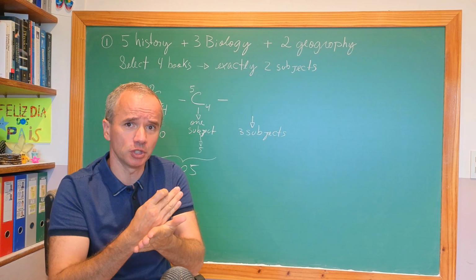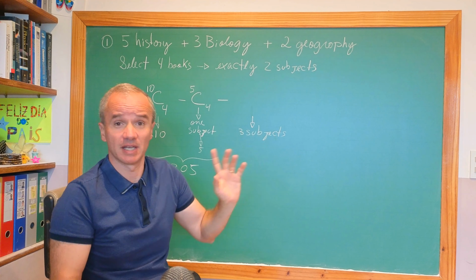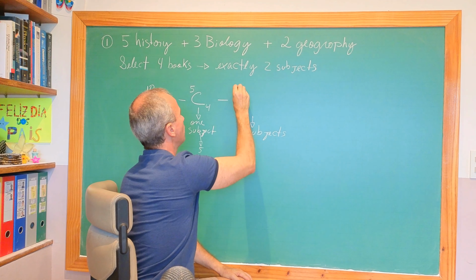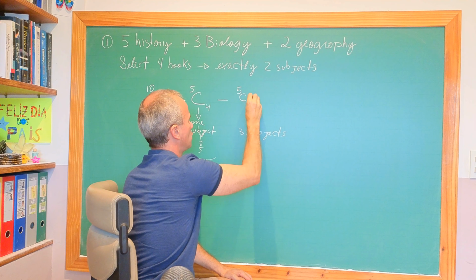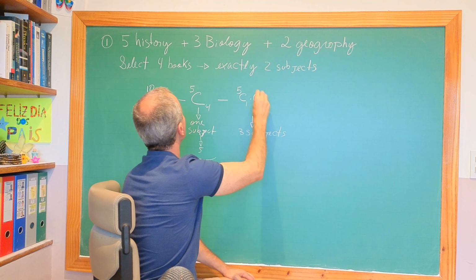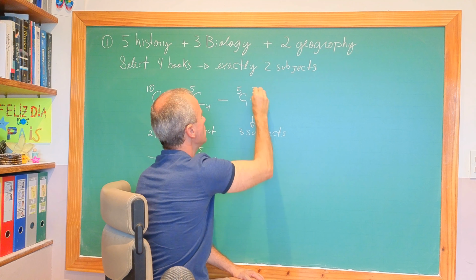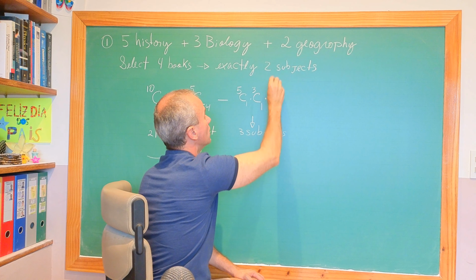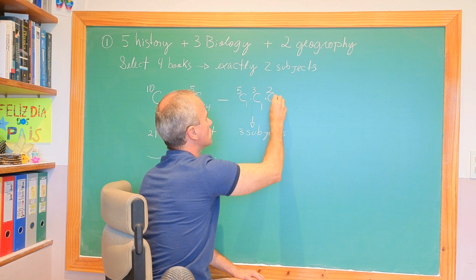I have to make sure that I have 3 subjects, because that is what I'm subtracting here. So, combination of 5 history, pick up only 1. This is a history. Now let's choose the biology. I have 3, choose 1. And then finally let's choose 1 geography. I have 2 geography, but choose 1.